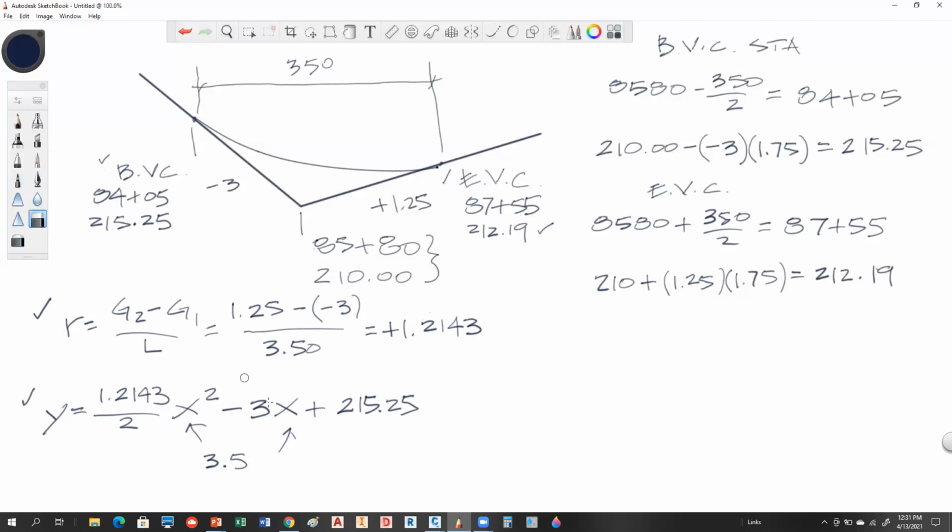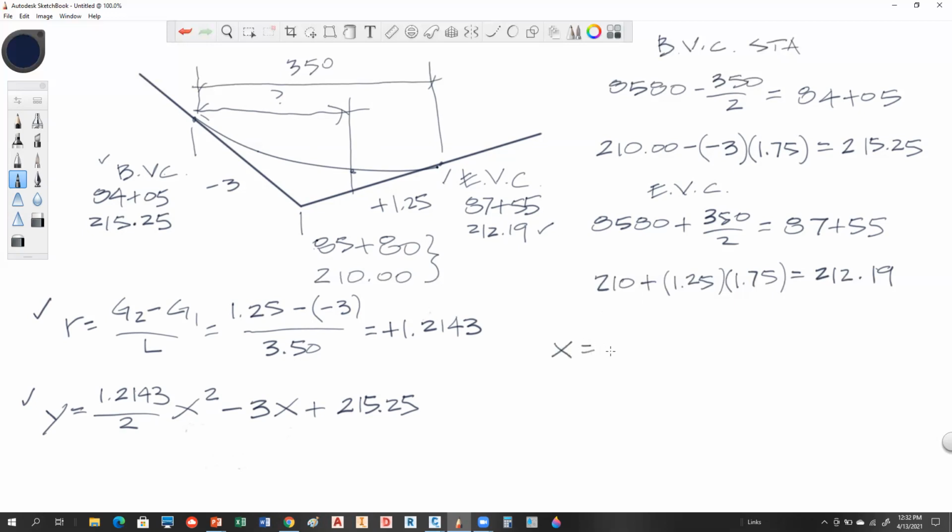Now the actual problem we're dealing with is solving where the low spot is. Somewhere here is a low spot. I want to know where it occurs and what its elevation is. So we're going to use that little equation that I just showed you.